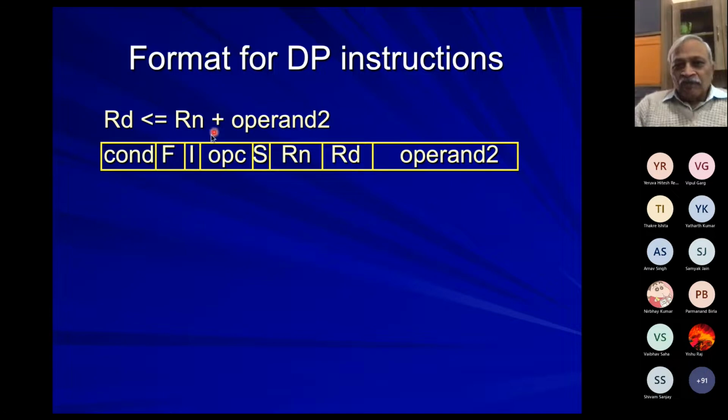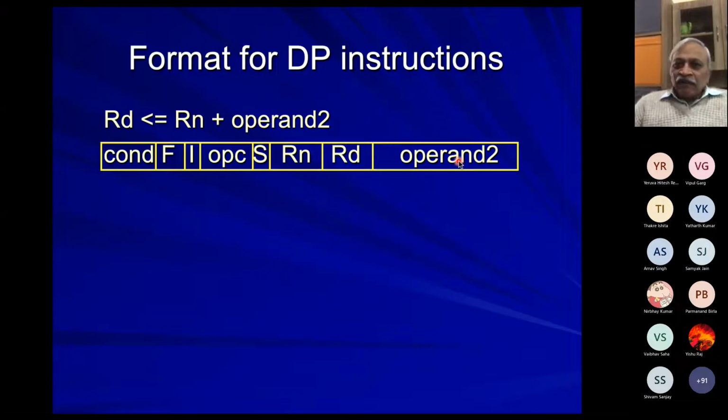So apart from this OPC telling it's an addition, we are specifying the destination in the Rd field. Rn is the first operand, and for the second operand, you can see it gives an impression that you have many more things to specify, so it's a longer field.